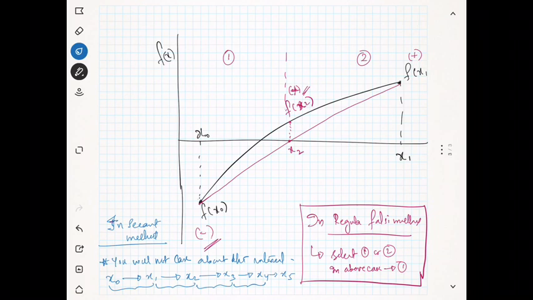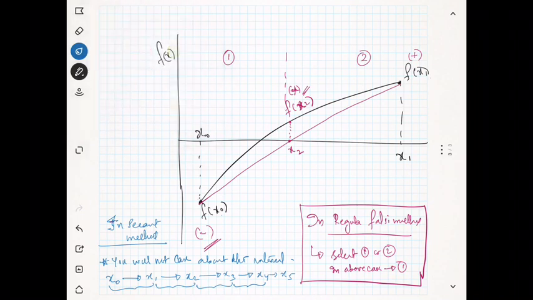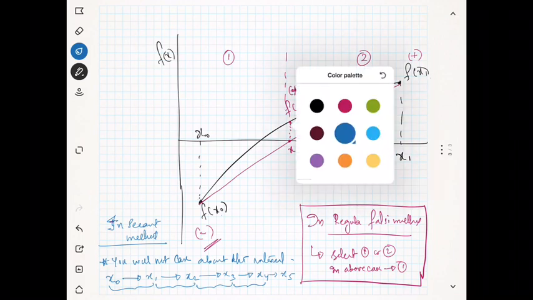Now we will see what is happening. We know what x0 and x1 are, and we know f of x1. Now we will draw another secant between f of x2 and f of x1.